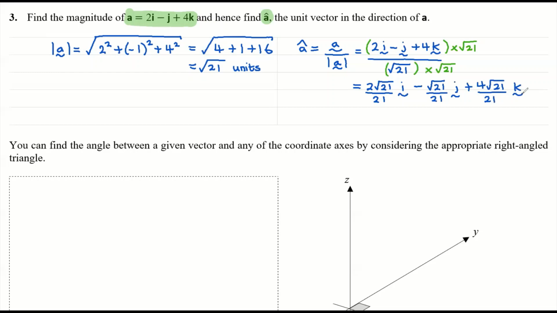And this is what our a hat is equal to. As an exercise, just to verify this, if you have time, if it's an exam or whatever, just verify if you apply Pythagoras' theorem to all that, as complicated as it looks, you should find that the magnitude is 1 as was requested.